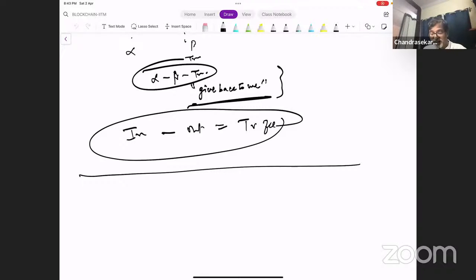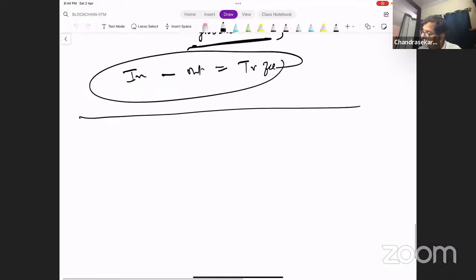The most important aspect of this one: if you see, let us look at the output.